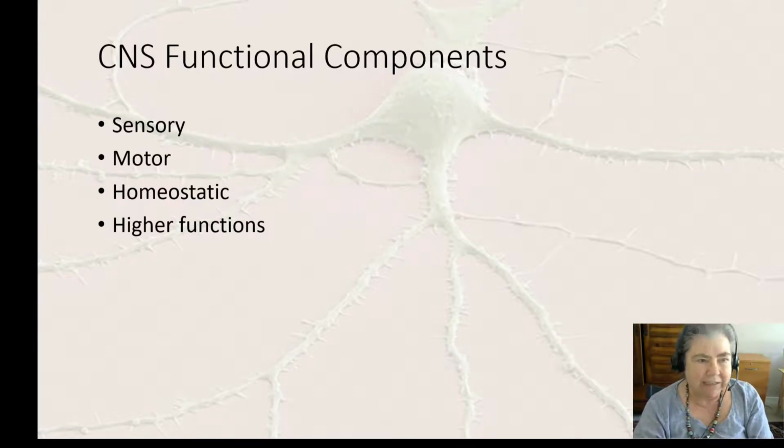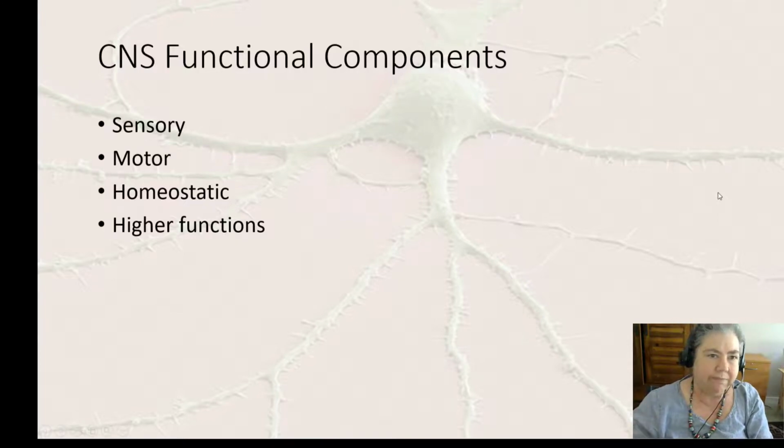But the central nervous system components include the sensory components, the processing of sensory information, the generation of motor signals, the homeostatic functions that are carried out not entirely by the hypothalamus. There are also, as I said, sensors in the brainstem. And then what we call higher functions, which are problem solving, thinking, language generation, language reception, all of those things, and memory.